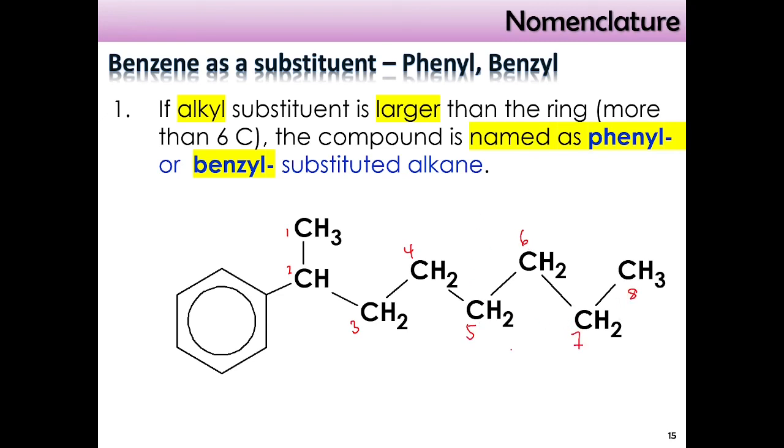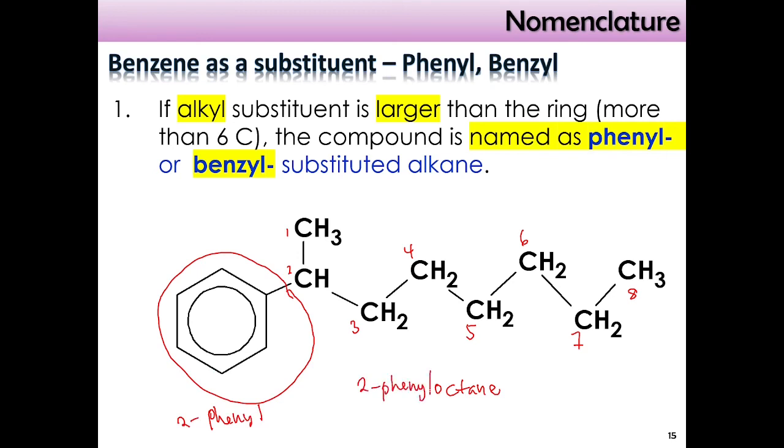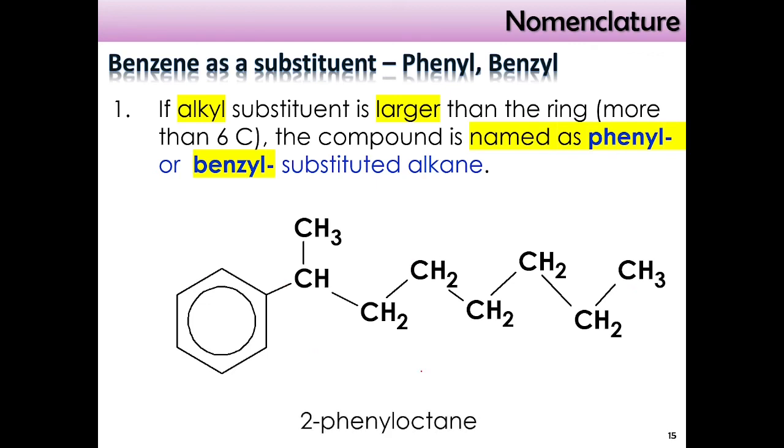So this one is actually octane. The parent chain is octane because it is longer than 6 carbon. And benzene ring that attach like this, we call it phenyl. And it is attached at carbon number 2. So this one becomes 2-phenyl. So this is actually 2-phenyloctane, no space, 2-phenyloctane.